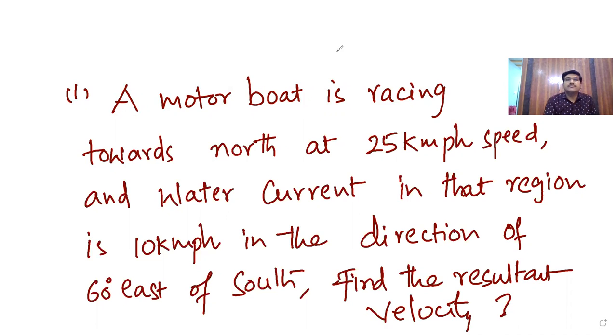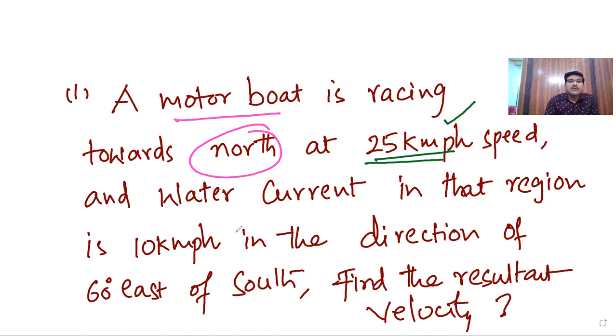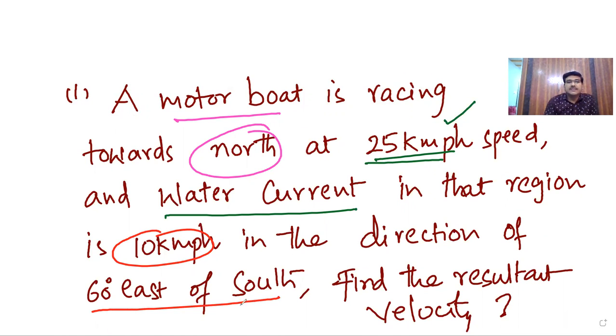That was the question. Have the clarity in the question. It is a motorboat moving towards north, and the speed is 25 kmph. And here water current is at 10 kmph in the direction of 60 degrees east of south, towards east of south.